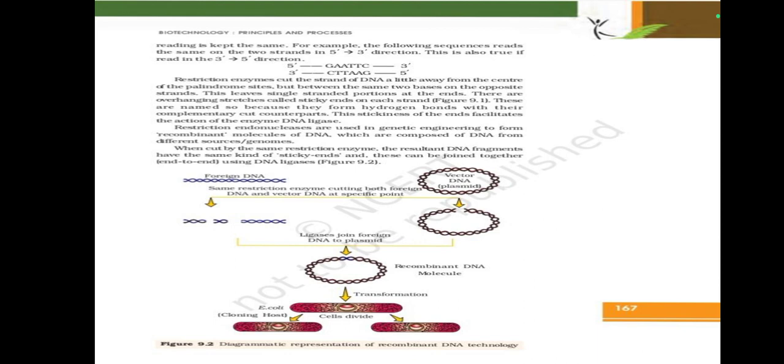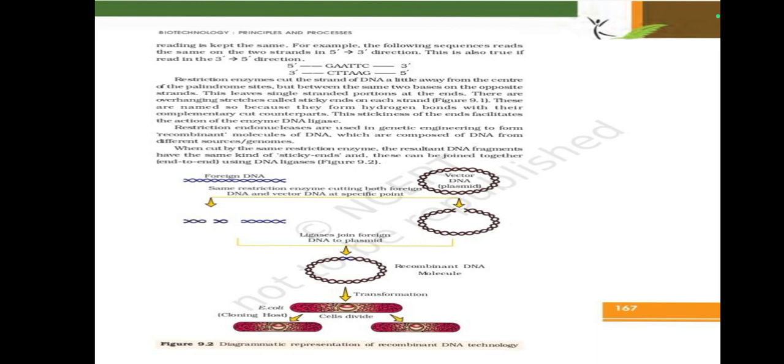Now, this leaves single-stranded portions at the ends. There are overhanging stretches called sticky ends on each strand. Figure 9.1. These are named so because they form hydrogen bonds with their complementary cut counterparts. Now this stickiness of the ends facilitates the action of the enzyme DNA ligase.